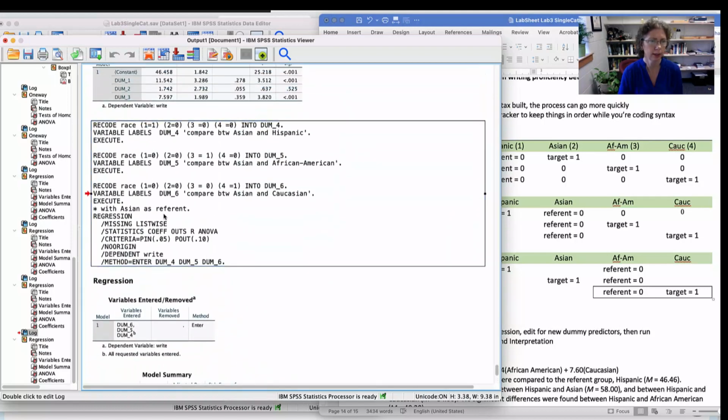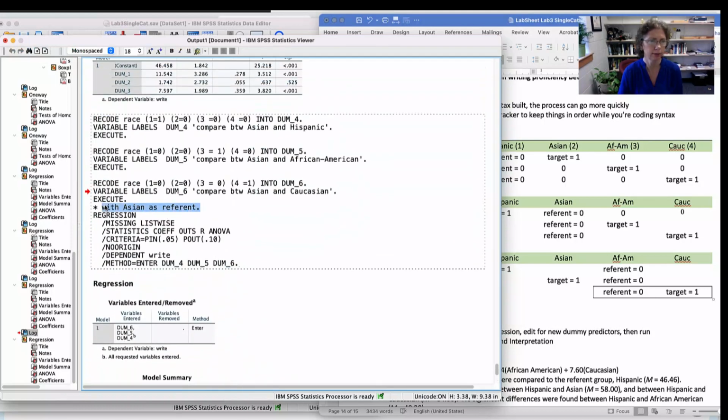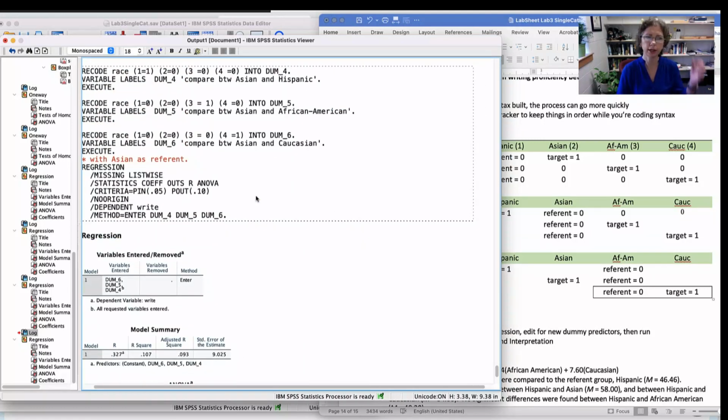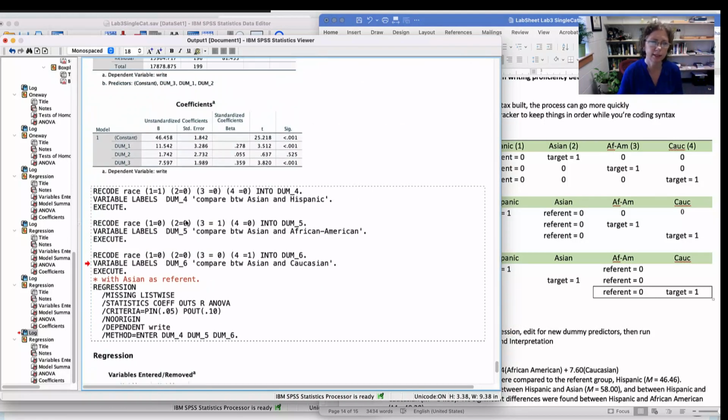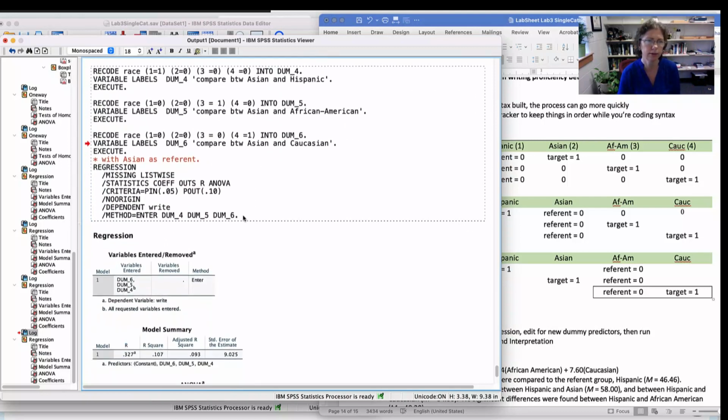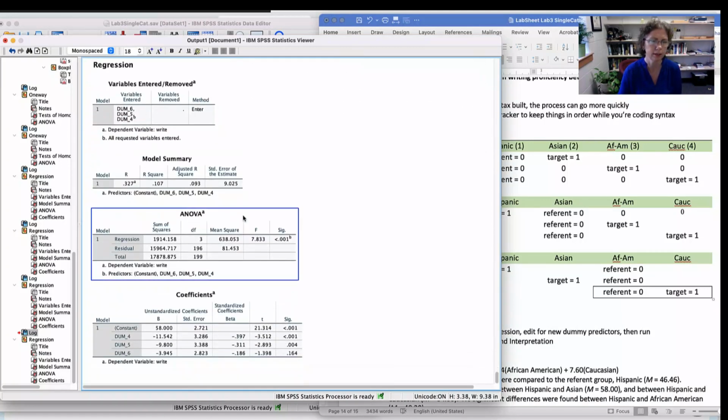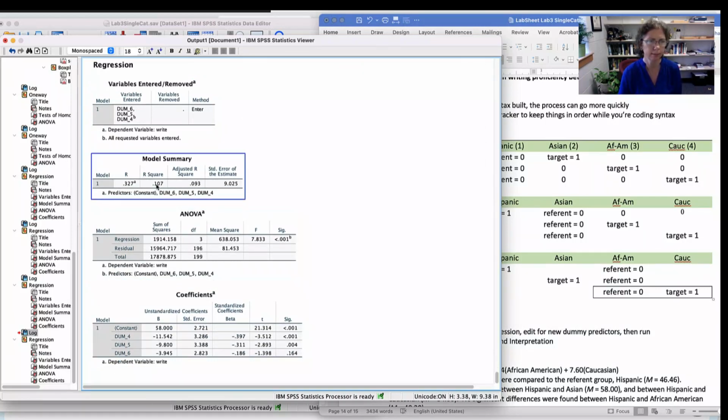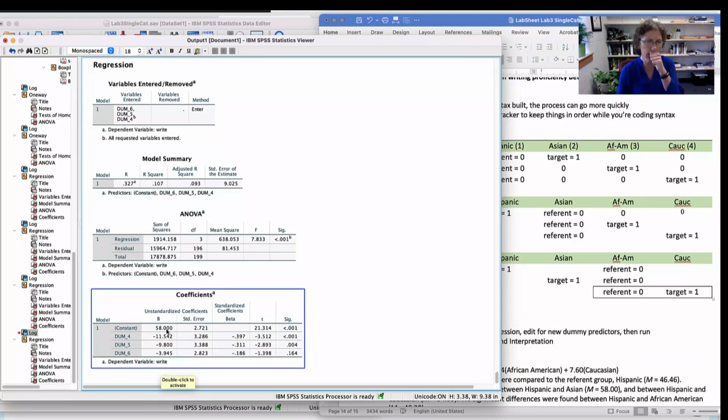And you can edit in your output. Like if I wanted to really make that stand out, I could give it a color so that I can look at the output and see both my syntax and my comments if I select them when I run from syntax. But here's our model. Again, the F line stayed the same, and our coefficients are comparing to Asian.